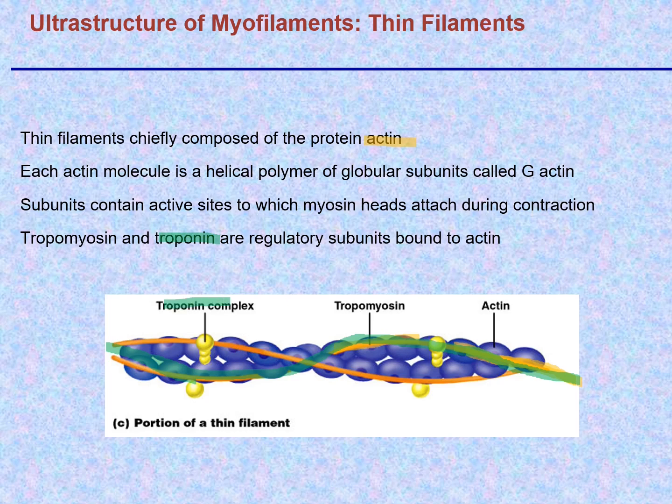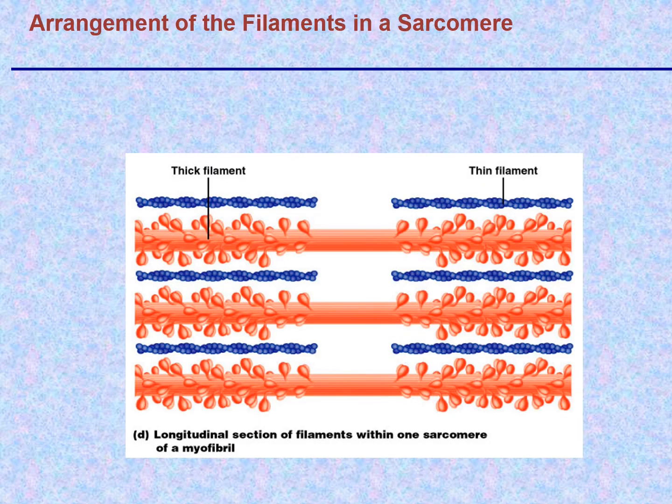What happens in skeletal muscle contraction is that these thin filaments and thick filaments slide past each other so that the whole sarcomere gets shorter. Okay, this is one sarcomere from this end to that end, or no, it's just a section of a sarcomere, I'm sorry.